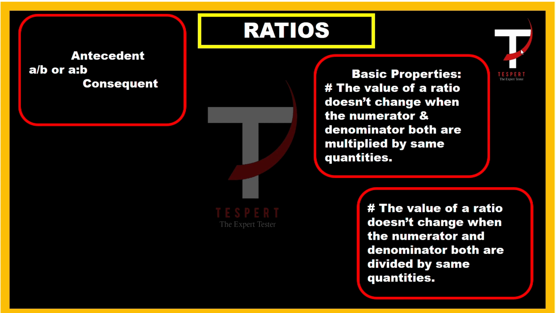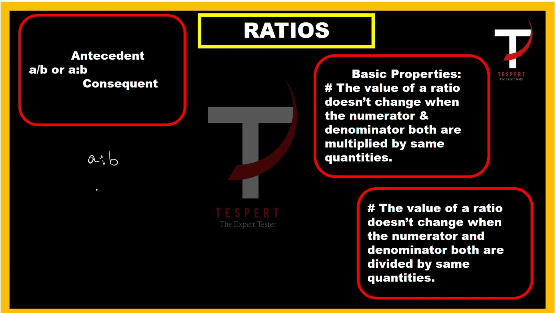So, for instance, a ratio between two or more quantities tells us that one quantity is how many times the other quantity. We can express a ratio as A is to B. Any ratio can be expressed as A is to B if we compare two quantities.